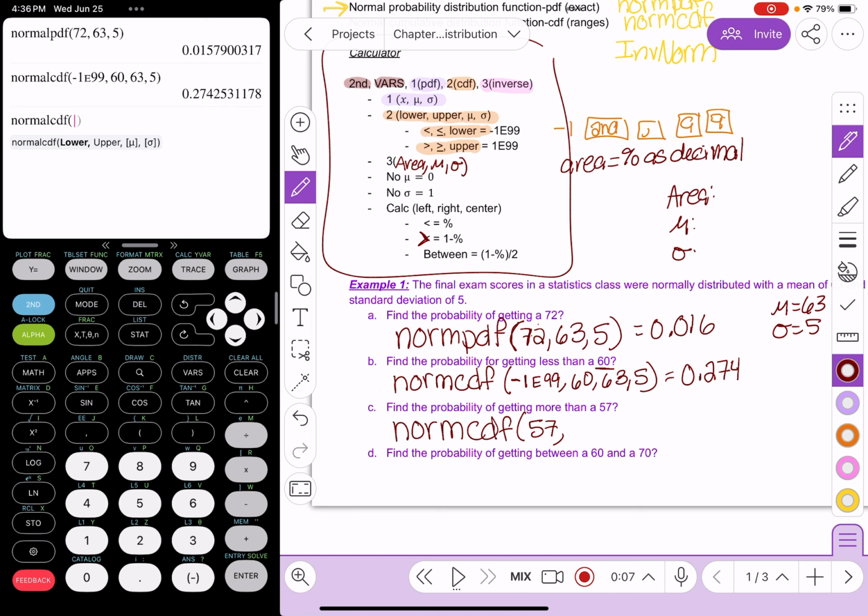You're just going to delete the lower that was there and type 57. And here we're all going to type 1E99. So we do 1 second comma 99. And then put the 63 and the 5 if your calculator didn't save it. And then our answer is 0.885.